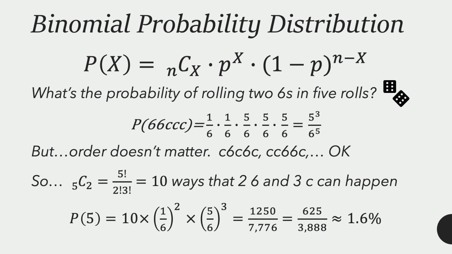So there's 10 ways that we can arrange those 2 sixes in a total of 5 rolls. So our final probability, and this is where we go back to the actual formula, is 10 times 1/6 to the 2nd power times 5/6 to the 3rd power. And if you work that out, it turns out to be about 1.6%.